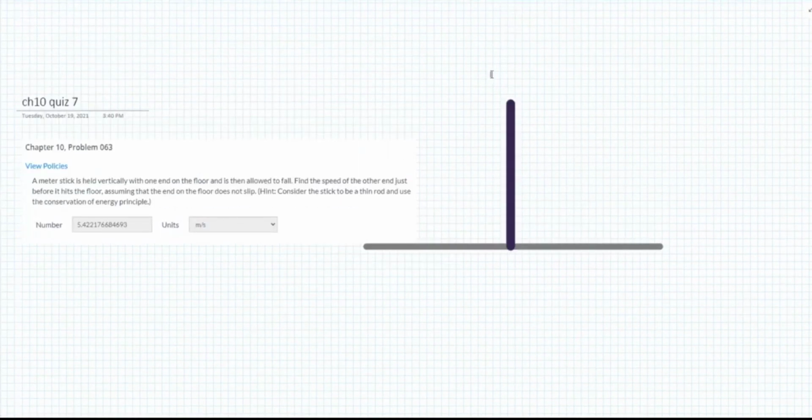That's my floor. A meter stick is held vertically with one end on the floor and is allowed to fall. Find the speed of the other end just before it hits the floor, assuming that the end on the floor does not slip. All right, so this is basically like a hinge.